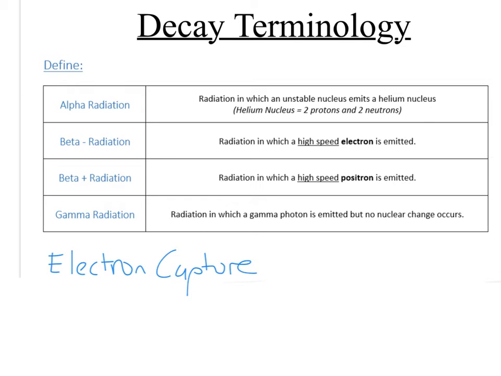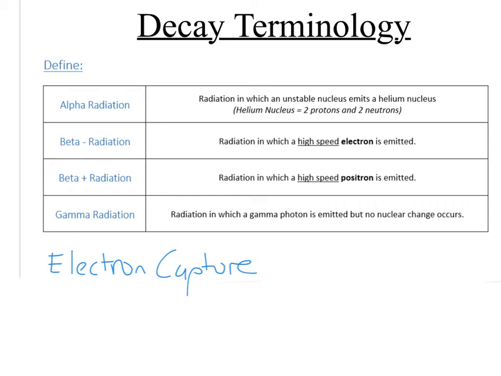But in terms of the main 4 types of radiation, you should have come across these at GCSE. So alpha radiation, you have a nucleus that's too massive, so it emits an alpha particle, which is the same as a helium nucleus. So it's 2 protons and 2 neutrons that get emitted.